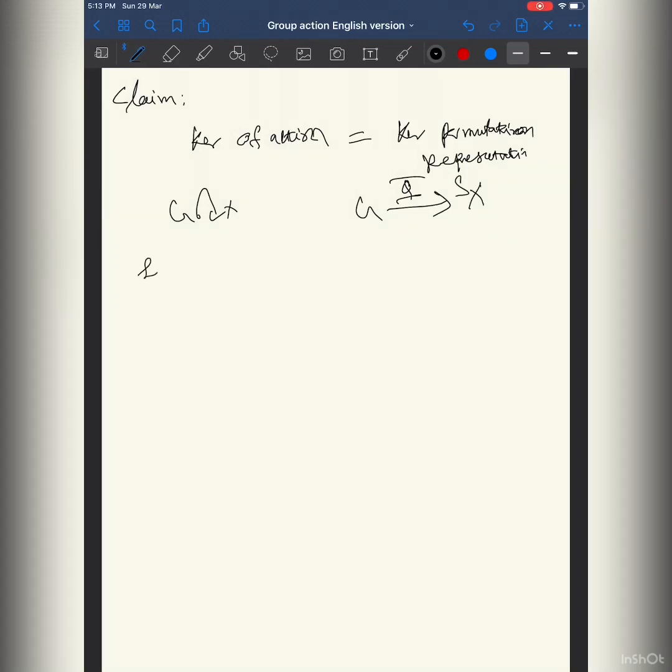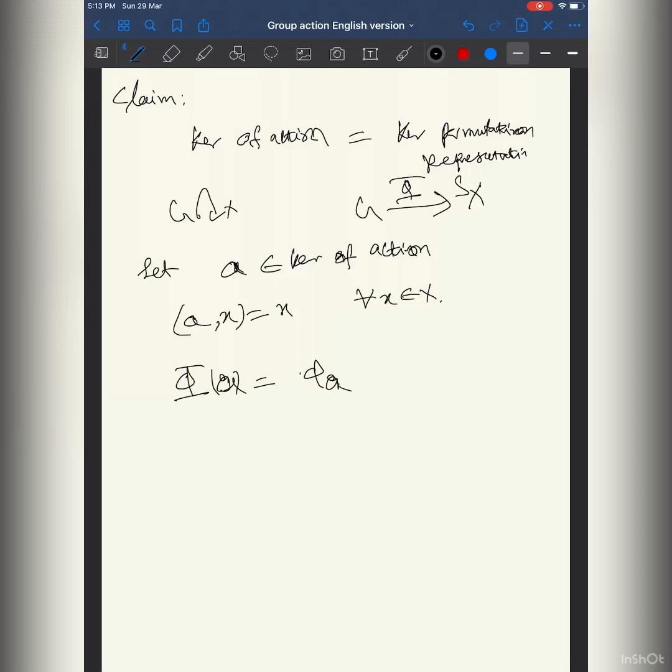Okay, let A belong to the kernel of action. That means A acting on x equals x for every x belonging to X. This is the definition of kernel of action. How is that defined? Phi A of x equals A comma x, that is equal to x.